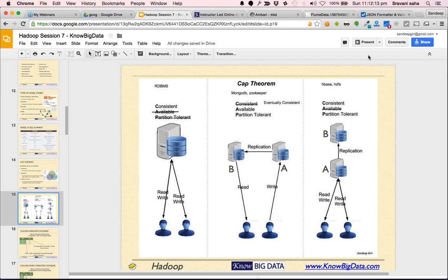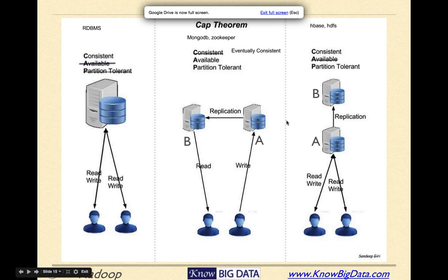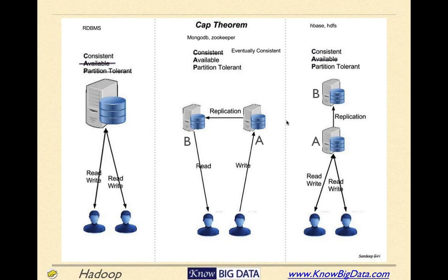All right, let's have a look at these architectures. Let's say there is a database which has only one machine, in which all the users are writing as well as reading. Let's take the case of the first one.